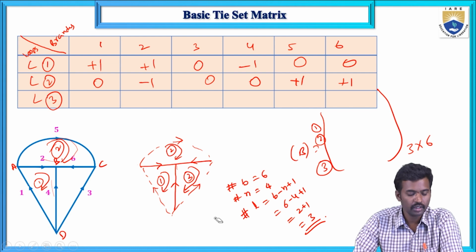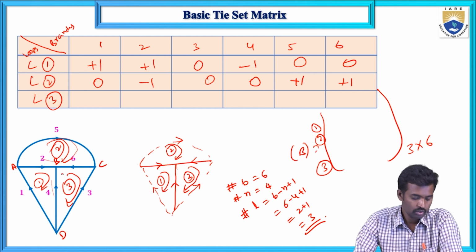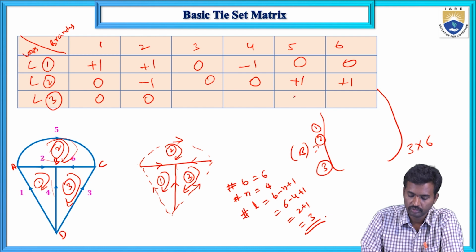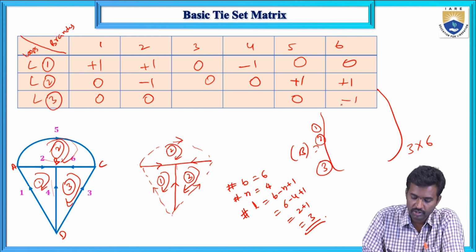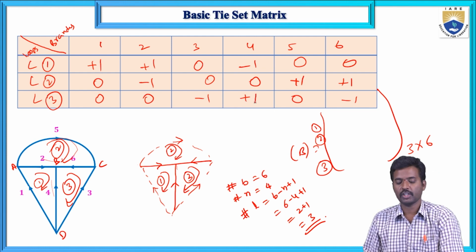Now here is the third loop. So 1, 2, 5 are not associated, and 6 is opposite and 3 is opposite, minus 1, minus 1, and the fourth branch direction is plus 1.